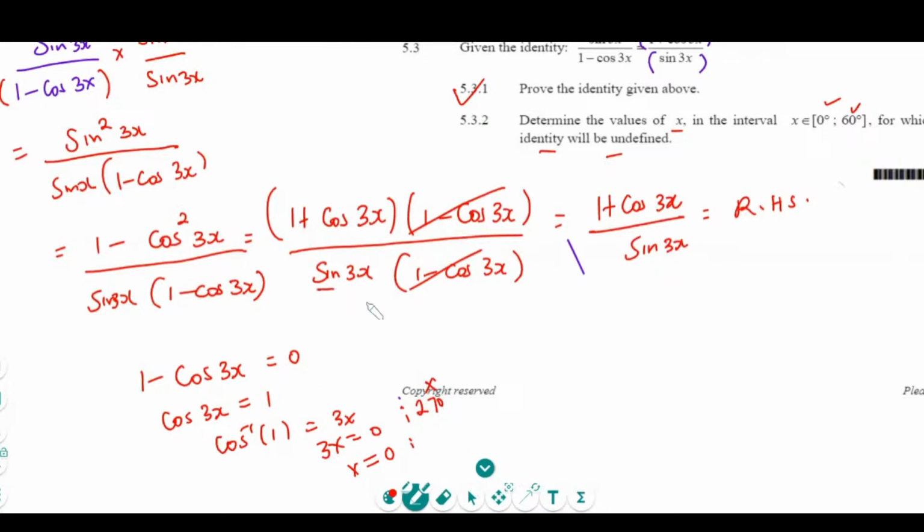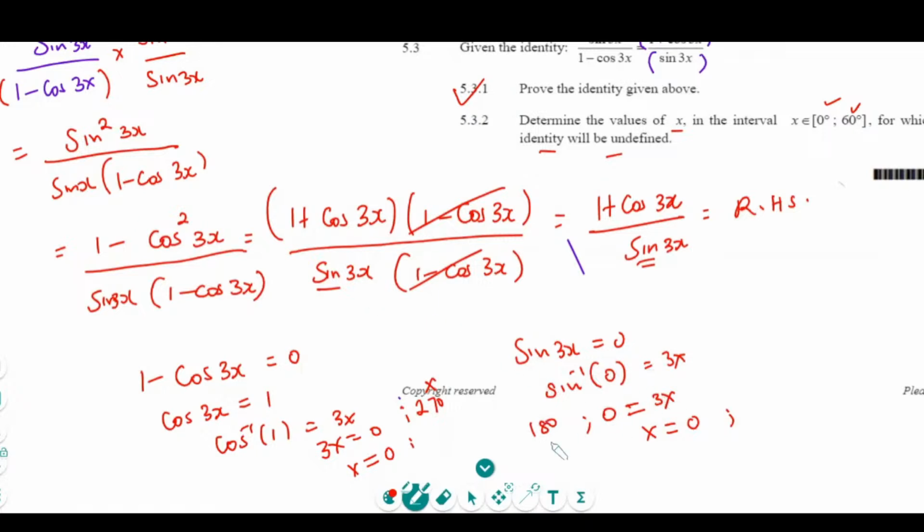Then we shall look at the right-hand side where we have the sine 3x. We shall also equate it to 0, and then the arc sine of 0 is 0, is 3x, which means x is also 0, but x can also be 180, because we know that the sine of 180 is going to be 0.